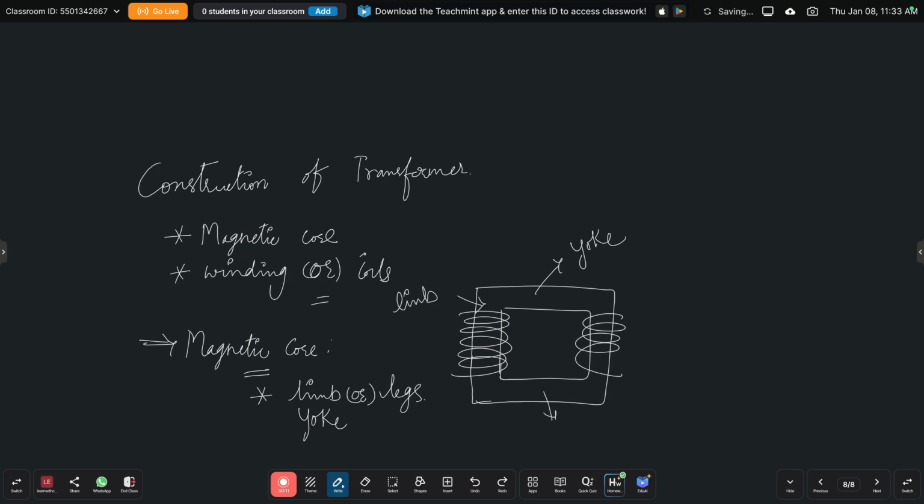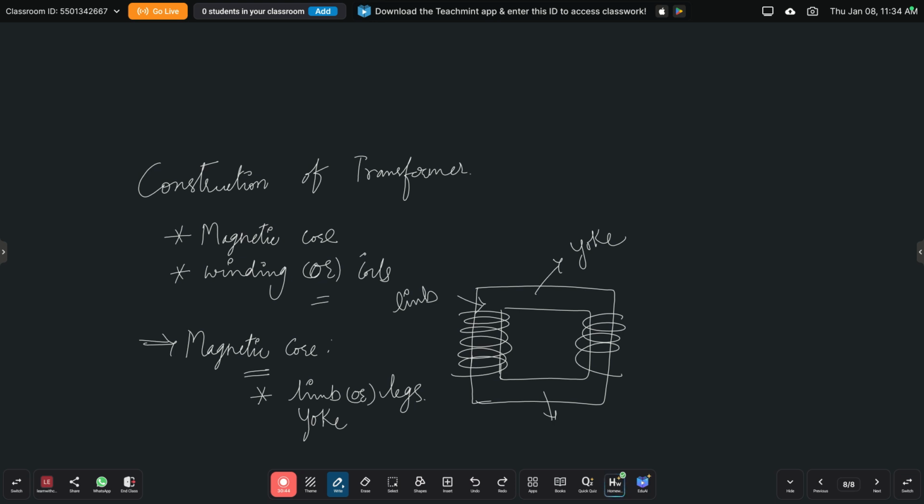The core is made up of steel due to its high permeability. High permeability is a property of a material which allows the flux to pass freely through it. That's the reason we use high permeability material. So it causes 100% of the magnetic flux produced by the primary to be linked with the secondary.